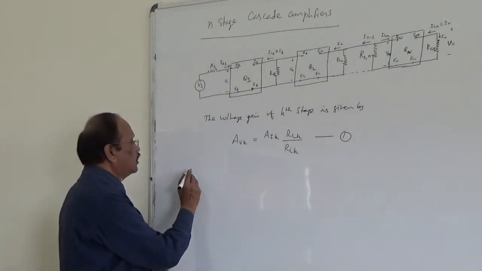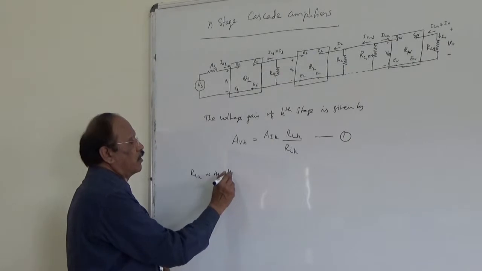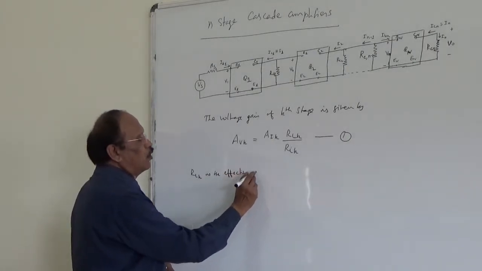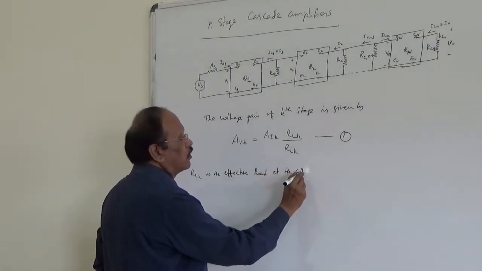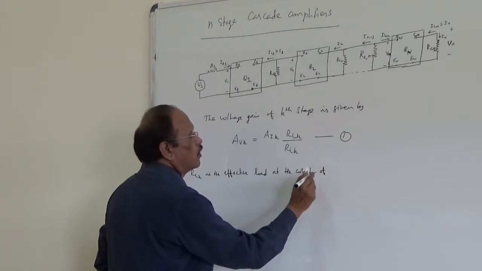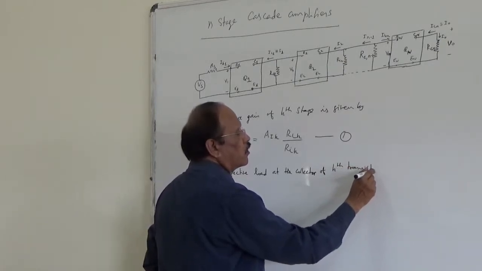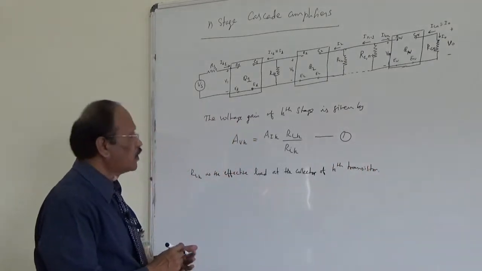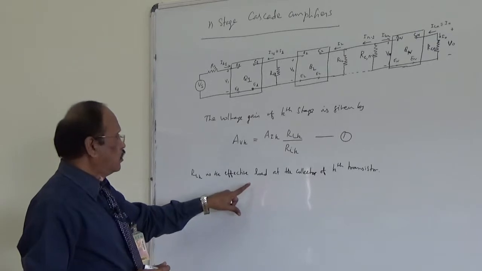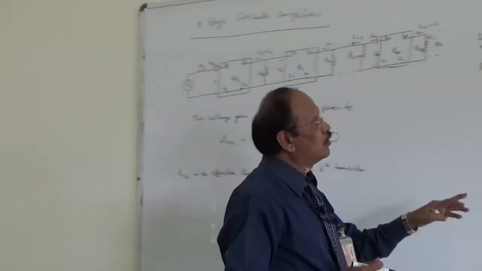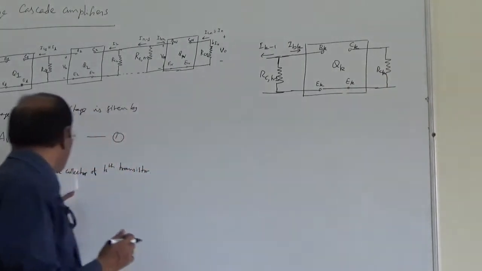So this RLK is the effective load at the collector of the kth transistor. So this is your RCK, but we have taken this as RLK.